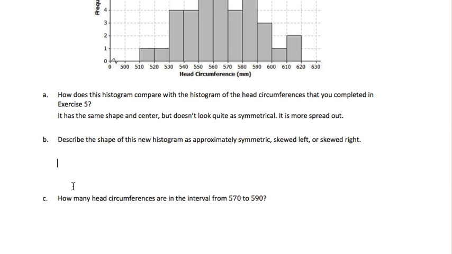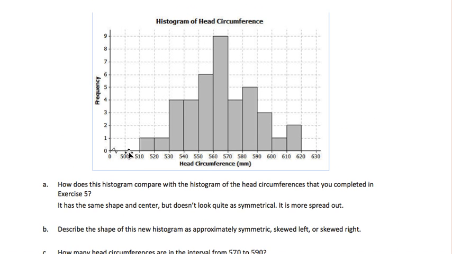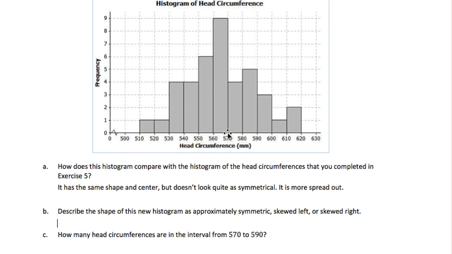And head circumferences from 570 to 590 would be 4 plus another 5. That would be a total of 9.